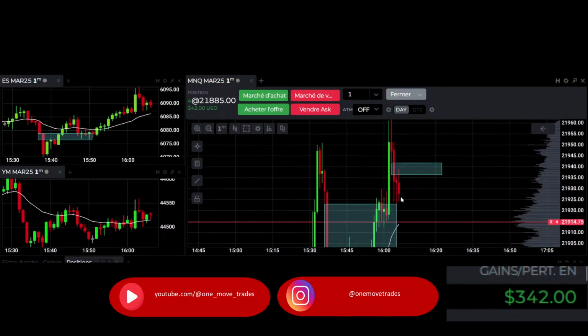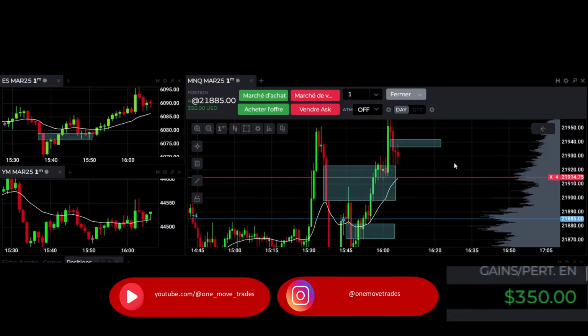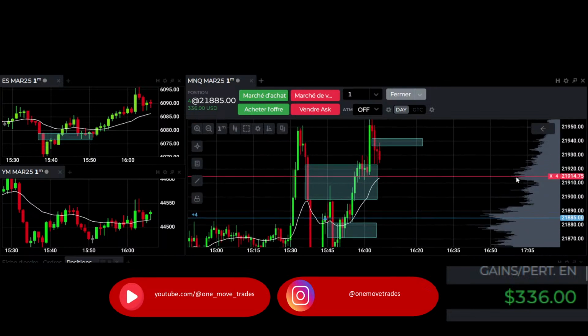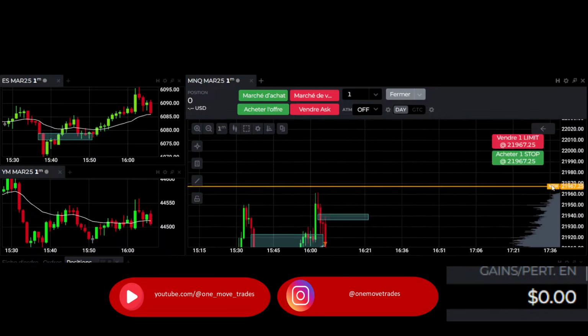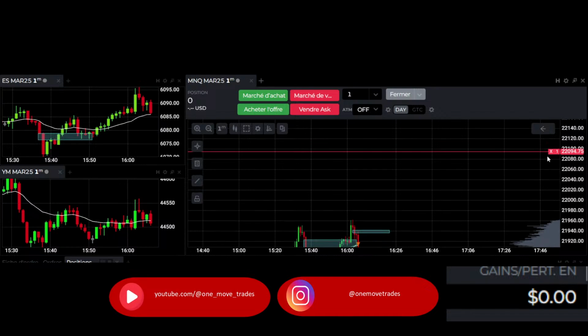So I think I don't wanna give this trade a huge space. I don't wanna. Stop filled. So I will remove this one and also this one.